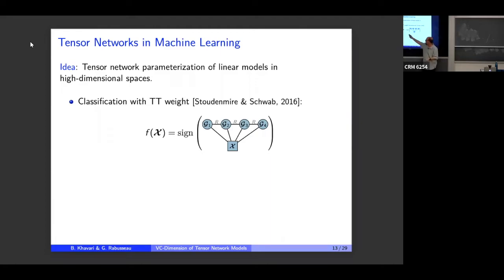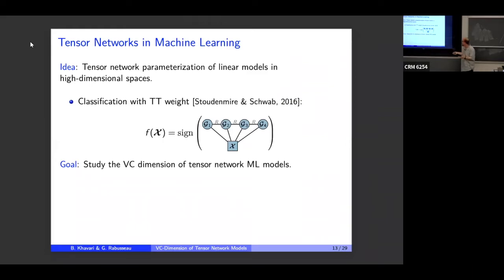But here I will assume that x is potentially some very high dimensional object, like a big tensor. So I cannot use a weight vector of the same size as x, because it's too big. So I will parameterize it as a tensor train decomposition. So look at the sign of the inner product between a weight tensor, parameterized as a tensor train decomposition, and my input.